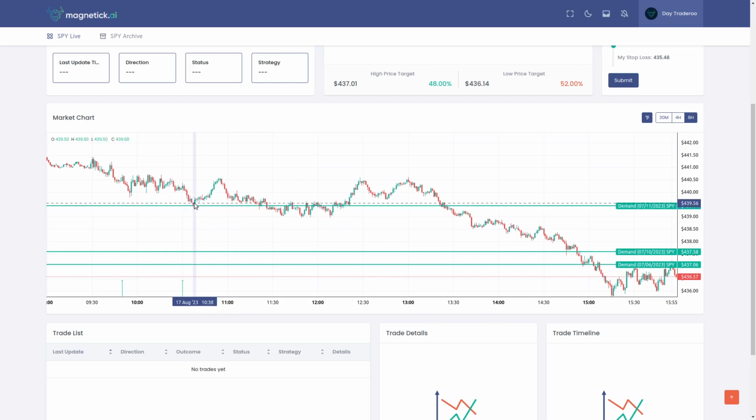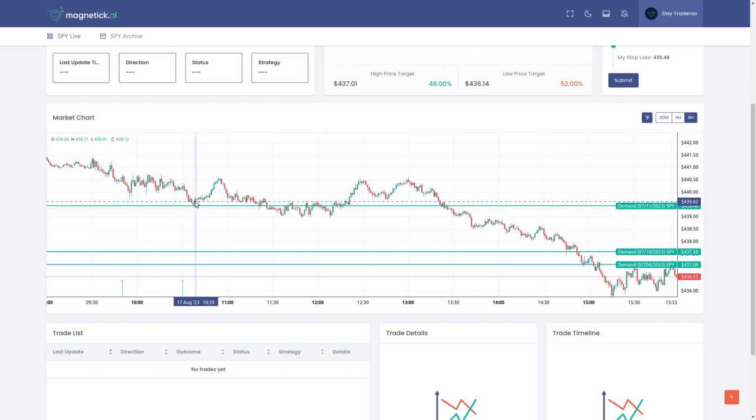Now this rejection, this bounce was not a very strong one. You see this upper wick, so perhaps if we were to go long here, it should have been a small size, but still you can see that this bounce from the level was an opportunity to go long with a stop loss below the prior candle.